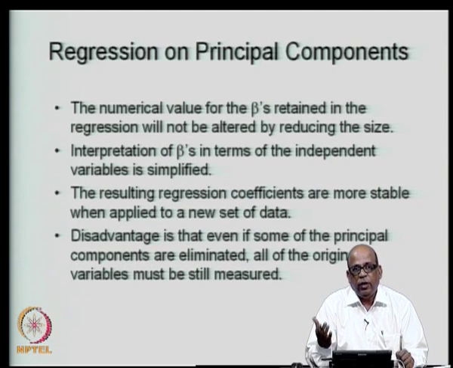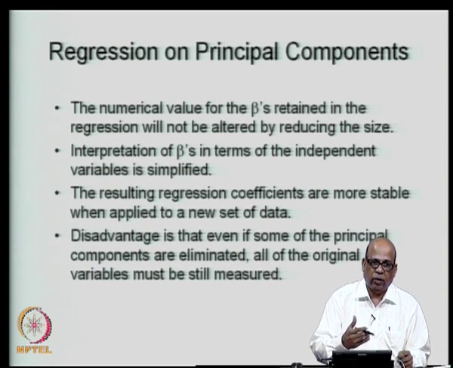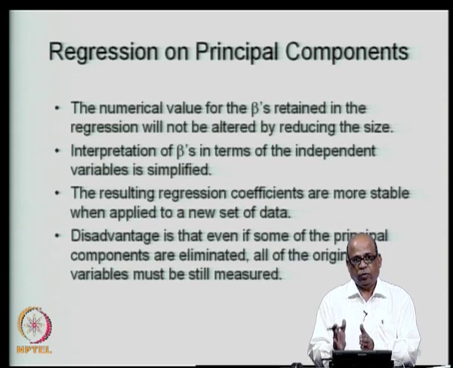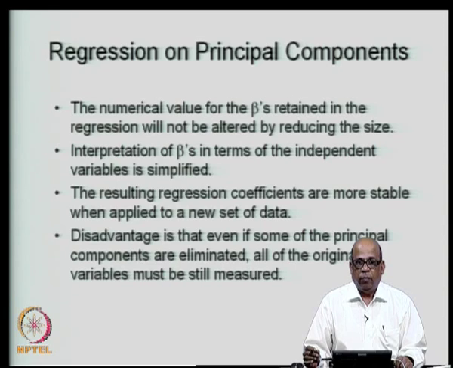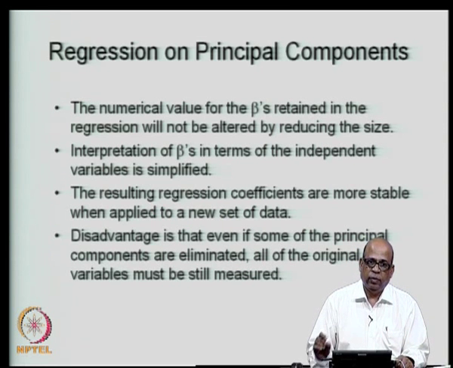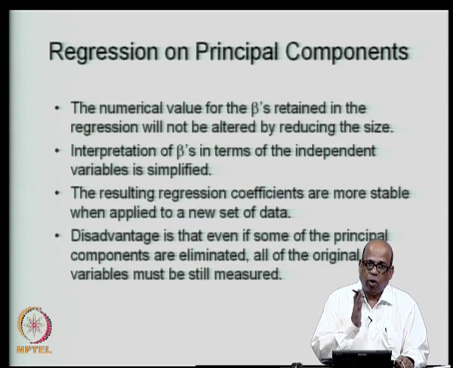And then the interpretation of the betas in terms of the independent variables is simplified now, because we are saying that these principal components that we are using in the regression relationship are explaining so much of the variance. But when we do this principal component analysis, even if we use let us say only 3 principal components in the regression relationship, still the complete observed data on all the 10 variables are necessary.